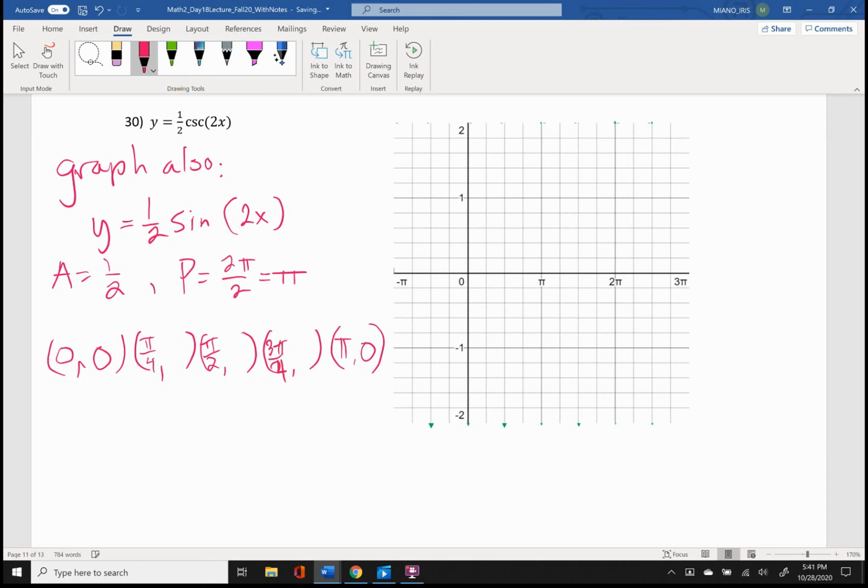That's supposed to be a 4. Okay, and then the scaling of 1/2 makes it so that the maximum value occurs at this first yet to be completed point of 1/2, and then a minimum value occurs over here at -1/2, and then of course we cross the x-axis again at pi over 2, or halfway in between the period.